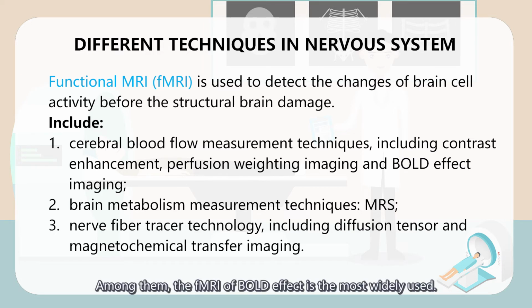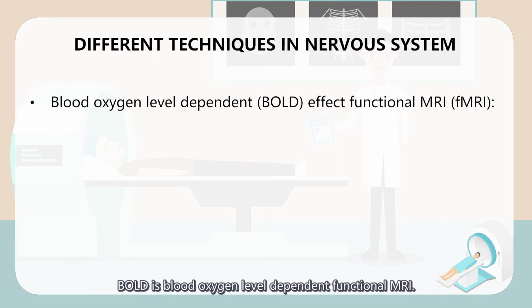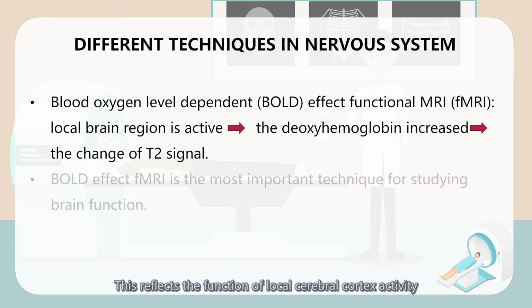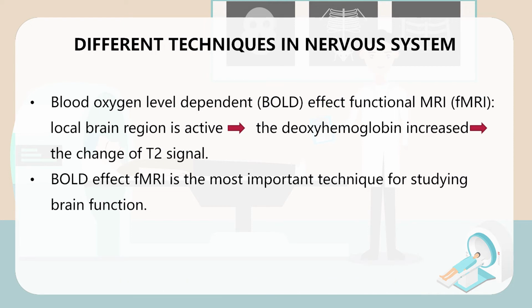Among them, BOLD functional MRI is the most widely used. BOLD is blood oxygen level dependent functional MRI. When a local brain region is active, the deoxyhemoglobin decreases, resulting in a change of T2 signal. This reflects the function of the local cerebral cortex and is the most important method to study brain function today, using the change of blood oxygen concentration in the brain as the natural contrast agent.